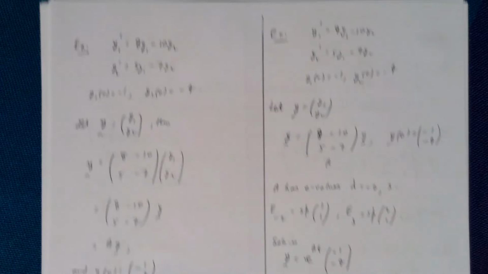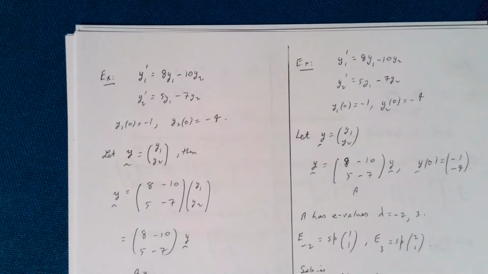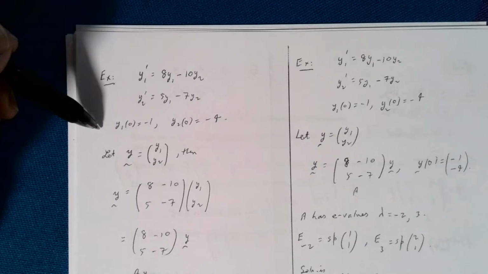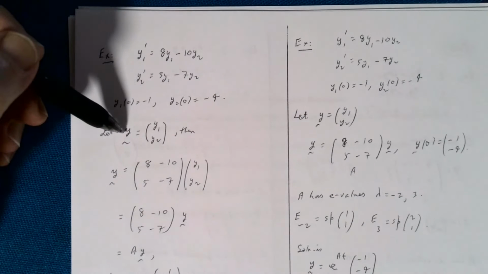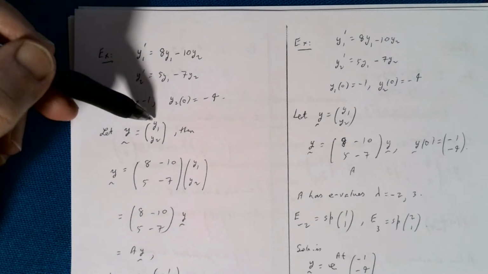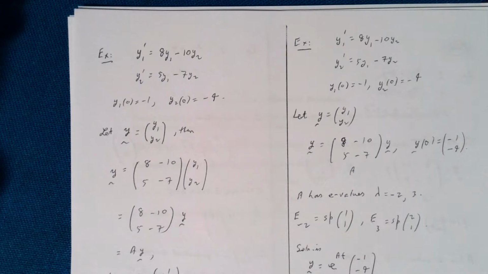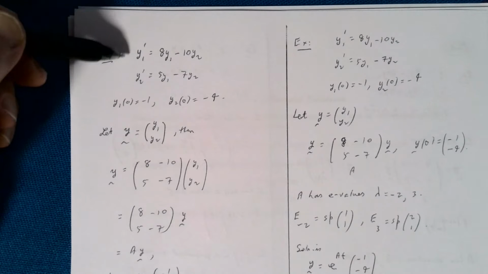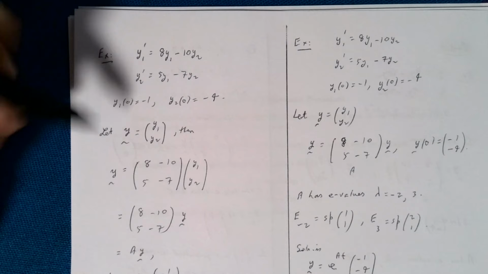So to do that, we're going to simply take this and convert it into matrix form. So there are the equations I just went through. And we're going to let vector y be these two functions, y1 and y2, and write that as a vector. And then this expression here, y1 dashed, y2 dashed, I'm going to write as just y dashed.